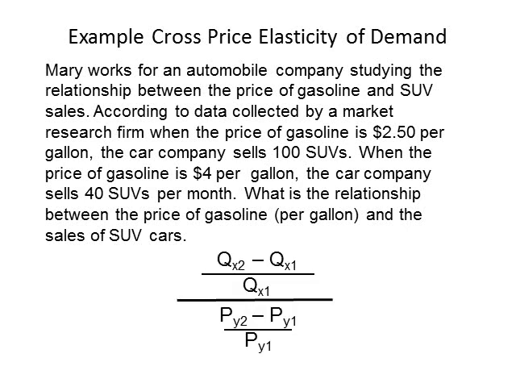The first step is to write down the formula. Next, locate the price for good Y. In this example, good Y is going to be the price of gasoline per gallon. The starting price in the problem is $2.50. This price should be labeled PY1.